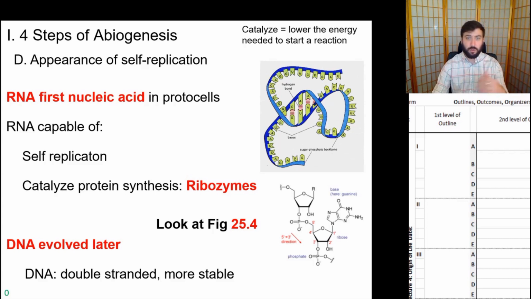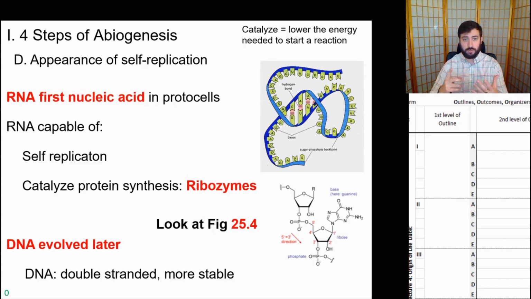Now, of course, everyone knows and loves DNA, but that came later. Really, the biggest advantage of DNA over RNA is that it's double-stranded, right? So you have two of these strands, which makes it a much more stable platform for passing on your information. It's much less likely to have errors, right?